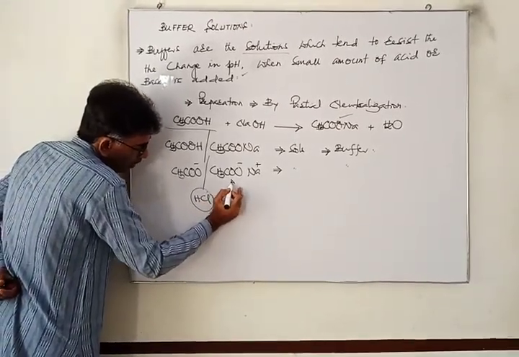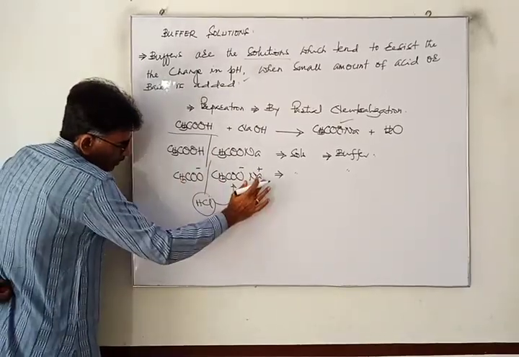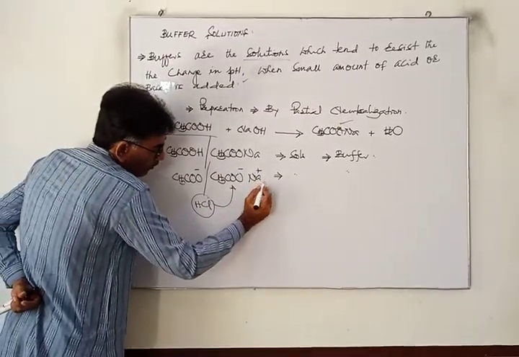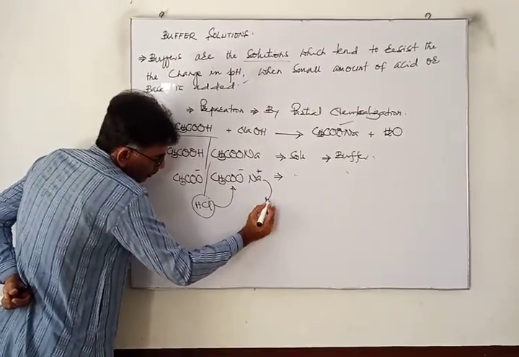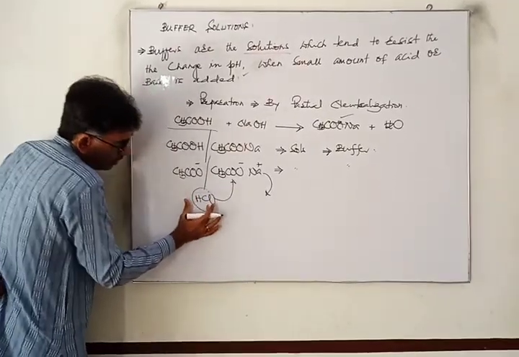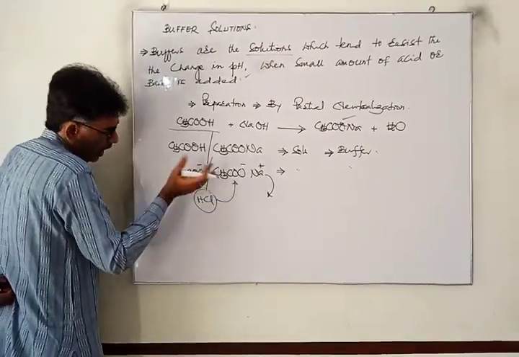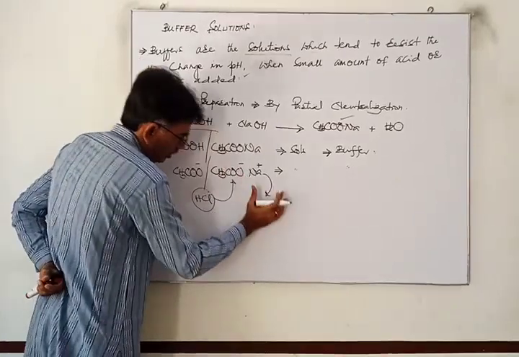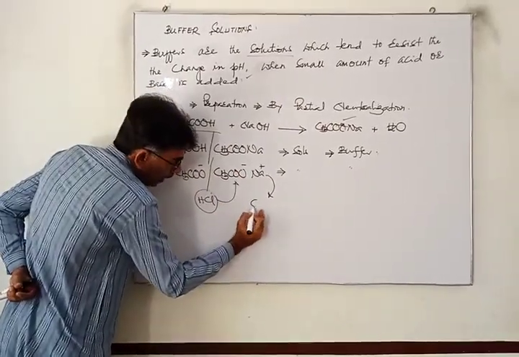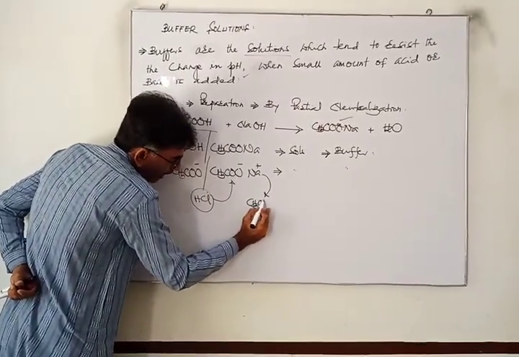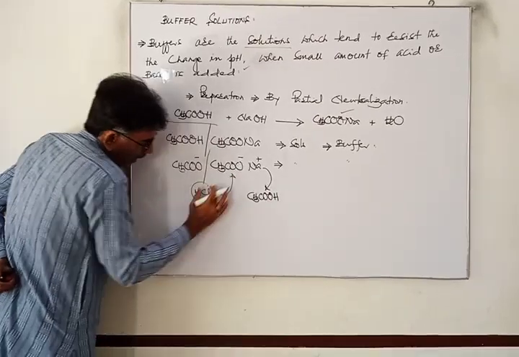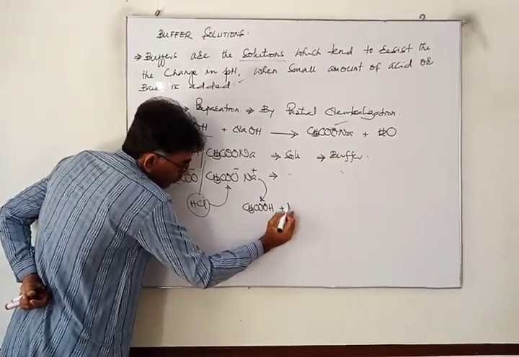This part will respond. That part of the buffer responds, and a change takes place that converts the strong acid into a weak acid, by converting it like that, HCl plus sodium acetate gives acetic acid plus sodium chloride.